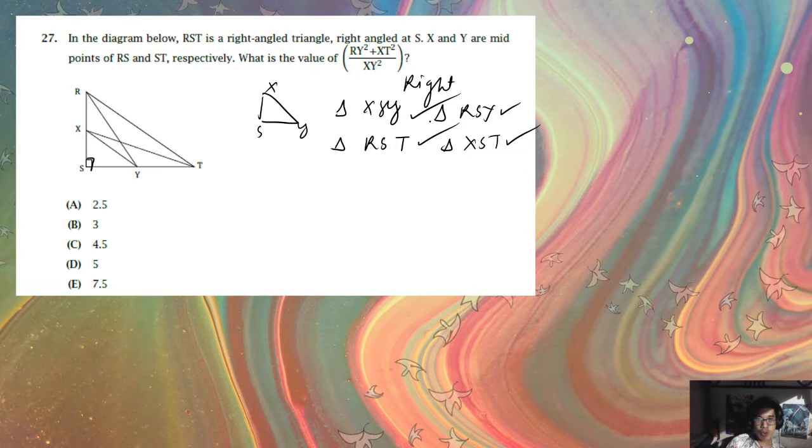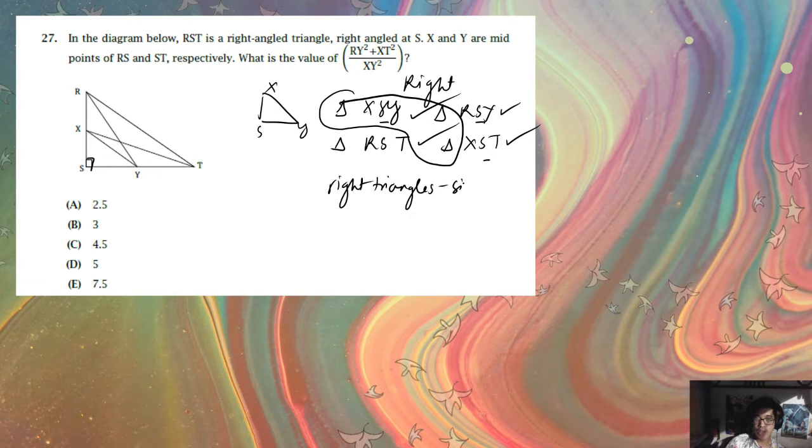Okay, so what we're going to notice is that all of these four triangles have the same vertex at the center, which is point S. So therefore, they're all right triangles. And what do we say about right triangles? Right triangles are similar.